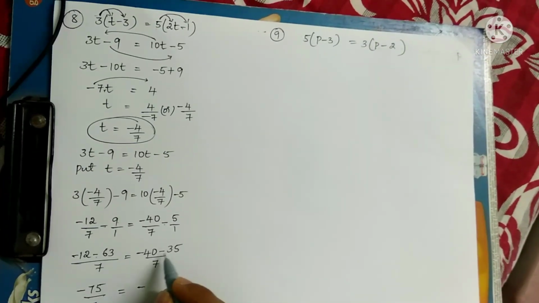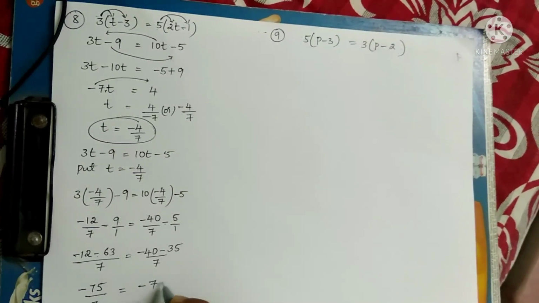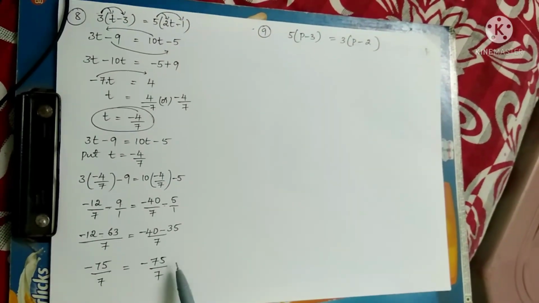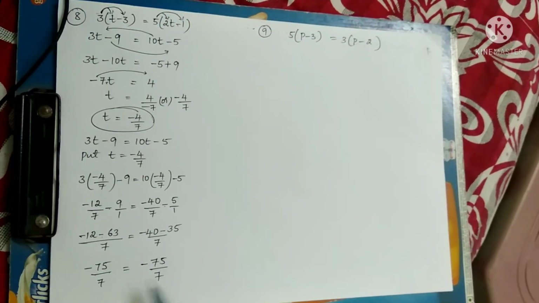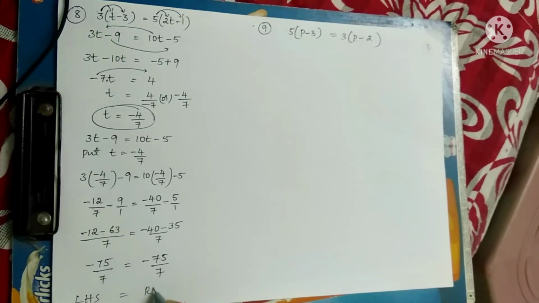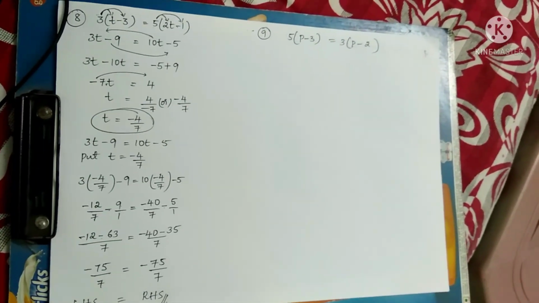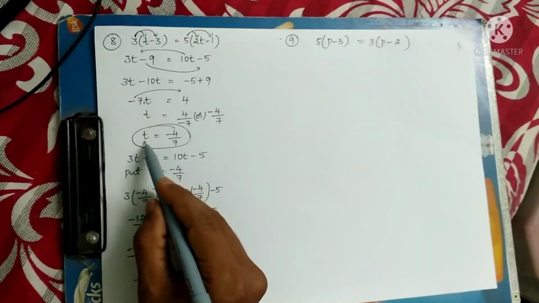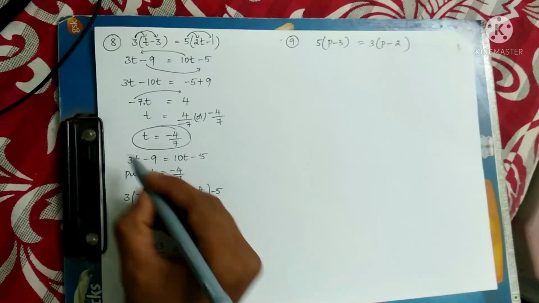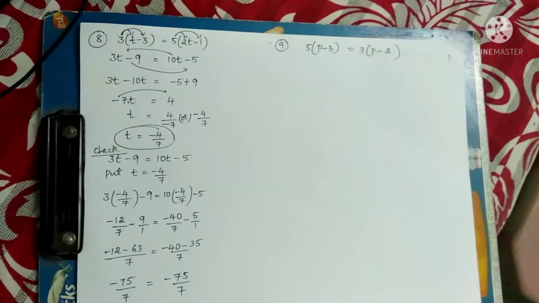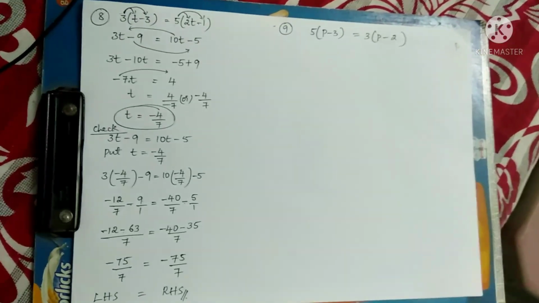Adding 40 and 35, we get minus 75 by 7. So in LHS and RHS, both the values are equal, nothing but LHS is equal to RHS. So we have checked by substituting t equal to minus 4 by 7, and we got LHS and RHS the same.